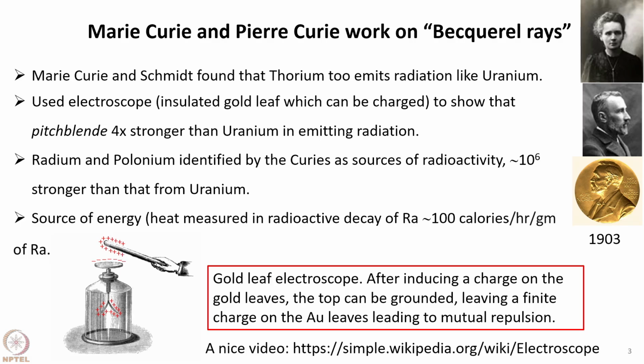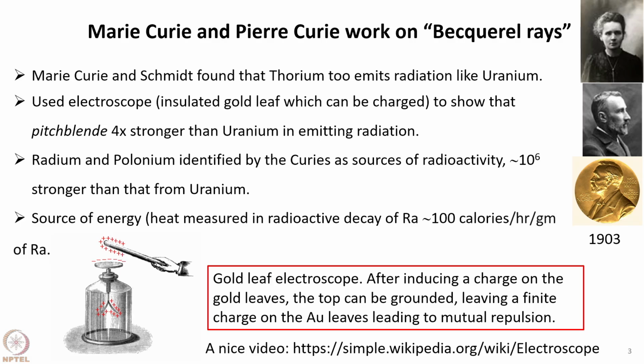So they finally isolated these by actually bringing down the amount of material from tons to micrograms, and they separated radium and polonium, of course not at exactly the same time, but this was identified by the Curies as the source of radioactivity. And when they did that, they found that this is about 1,000,000 times stronger in radioactivity than uranium. Okay.